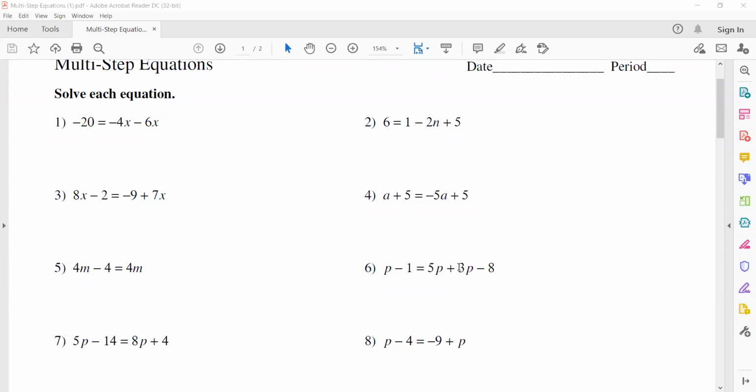And you'll hear me say, what kind of a problem is this? I don't know. It looks like just negative 10x. Well, there's an operation in there. It's negative 10 multiplied by x. It's negative 10 times x, that's right.